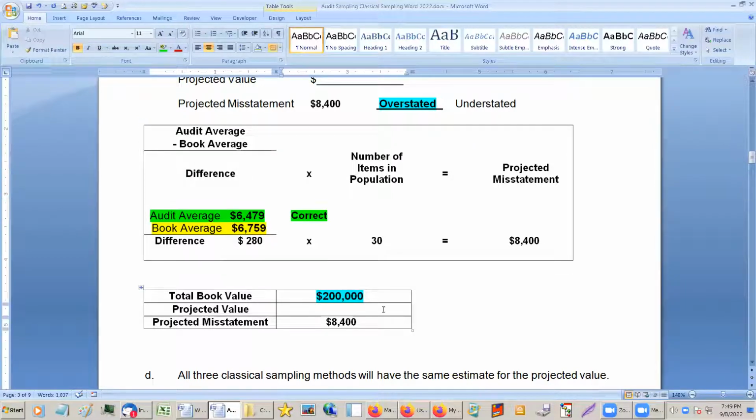Okay, so the total book value is 200,000, and this is a projected misstatement, and it's an overstatement. What would the projected value be if we're saying 200,000 is overstated by 8,400? So it'd be 191,600. Yep.